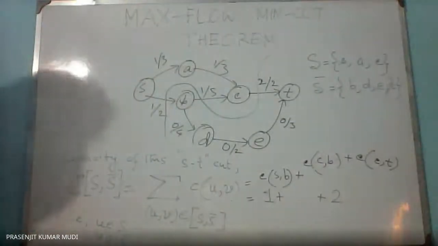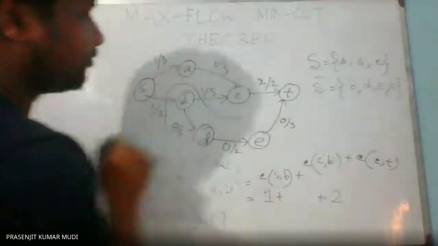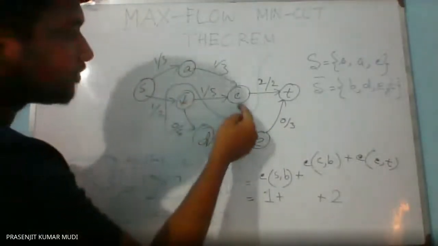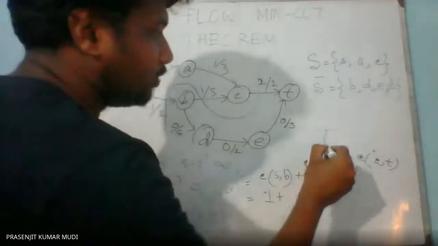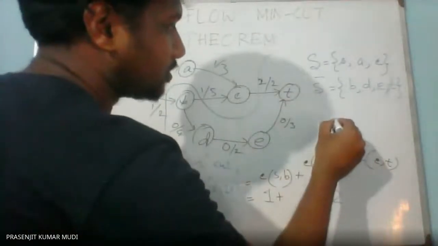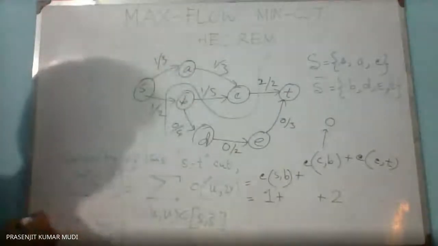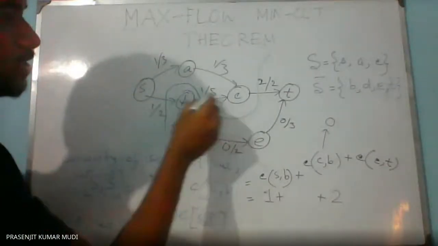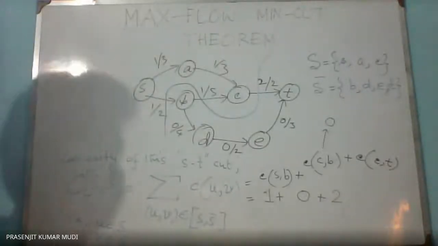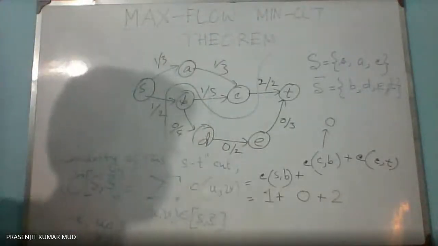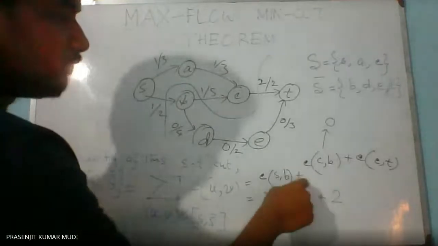And the interesting fact is the C comma B: we don't have any edge from C to B. So the value of flow along that edge C to B is actually 0. No such edge exists in the graph, so its amount of flow is actually 0.